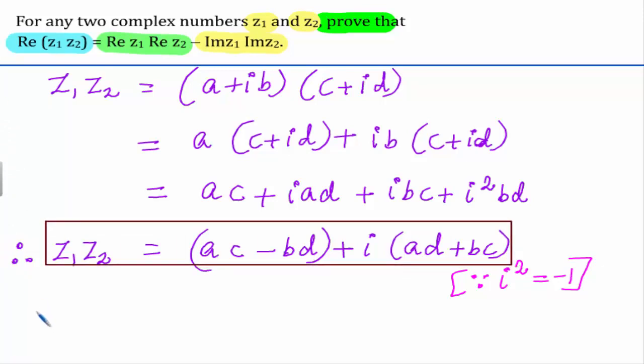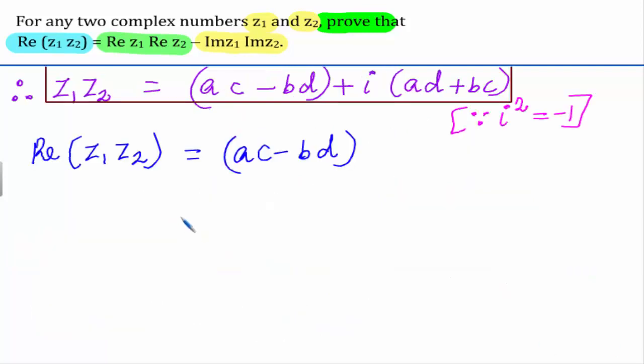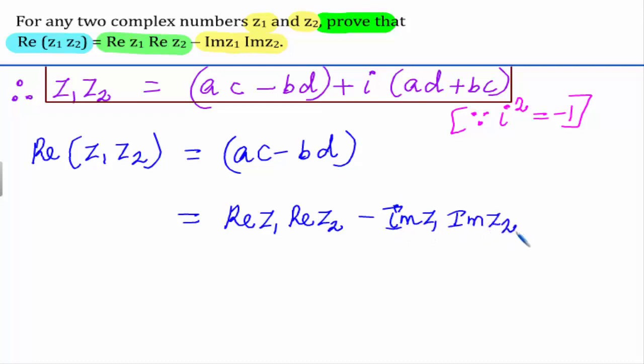So, from this, let us find real part of z1 z2. Real part of z1 z2 will be equal to ac minus bd. a is nothing but real part of z1. c is real part of z2. Minus b is nothing but imaginary part of z1. And d is imaginary part of the complex number z2.